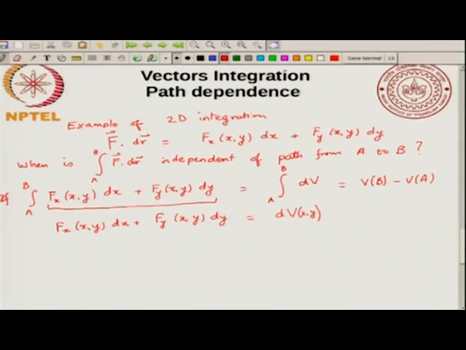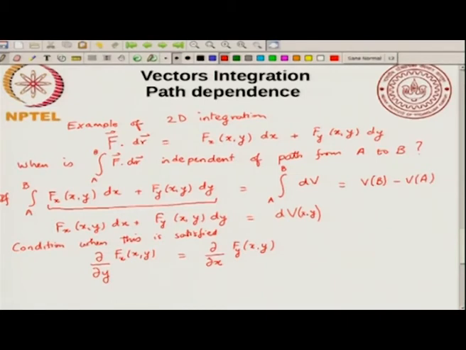And the condition for when this is satisfied is when the partial derivative with respect to y of Fx is equal to the partial derivative with respect to x of Fy. So you take the first, Fx of (x,y), differentiate that with respect to y, and that should be equal to Fy of (x,y) differentiated with respect to x.